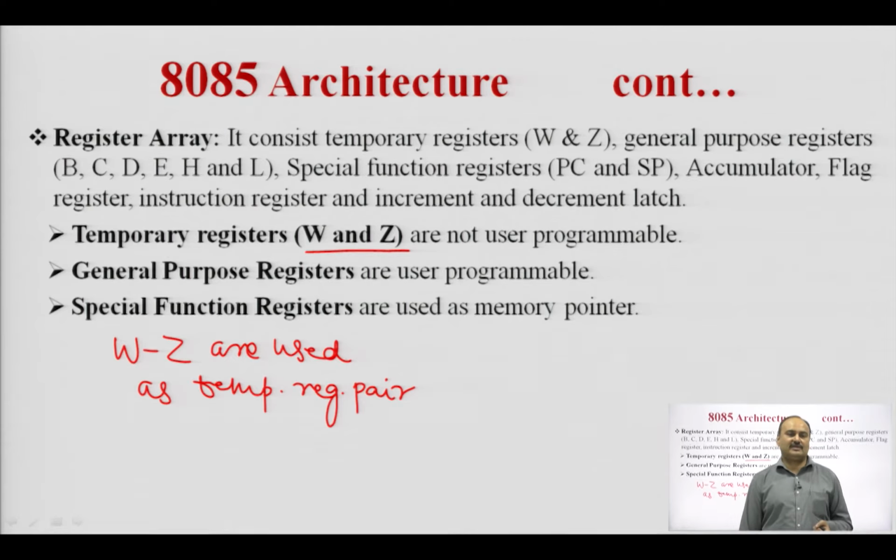After the fetch operation, the processor increments the program counter by 1, so it points to the next memory location where the next instruction operation code is present. The stack pointer register comes into the picture during push and pop operations. During push, the content of the stack pointer is decremented by 2. During pop, it is incremented by 2. So, this is the use of the special purpose registers which act as memory pointers.